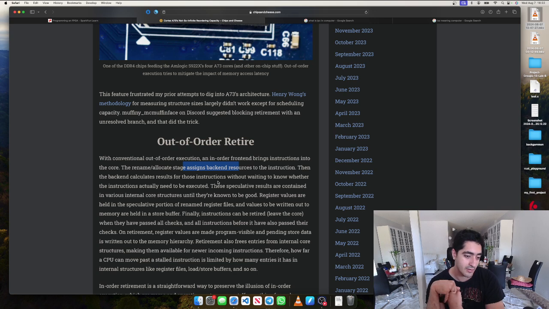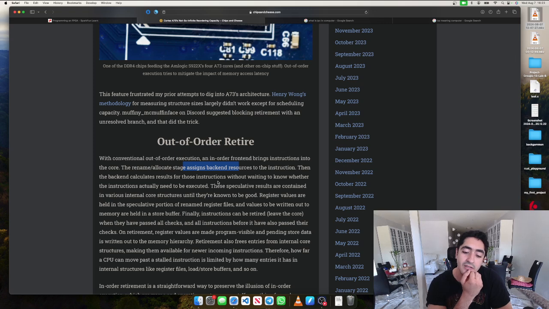These speculative results are contained in various internal core structures until they are known to be good. Register values are held in the speculative portion of rename register files, and values to be written out to memory are held in the store buffer. Final instructions can be retired, leave the core, when they have passed all checks, and all instructions before it have also passed their checks. On retirement, register values are made program visible and pending store data is written out to the memory hierarchy.